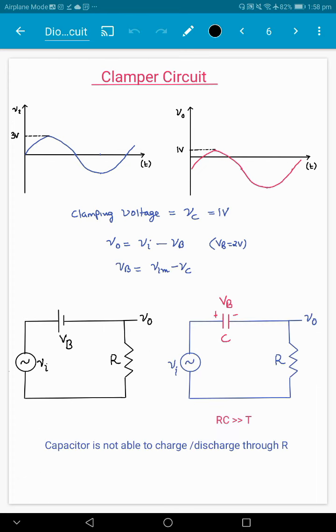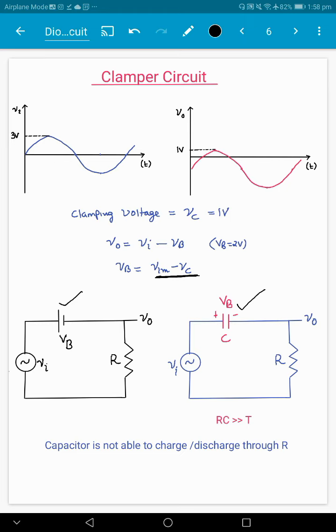Suppose we don't really need a battery because we don't need a source of power. Suppose what we do is we take a capacitor, and by some means, suppose we charge the capacitor to this value, Vim minus Vc.